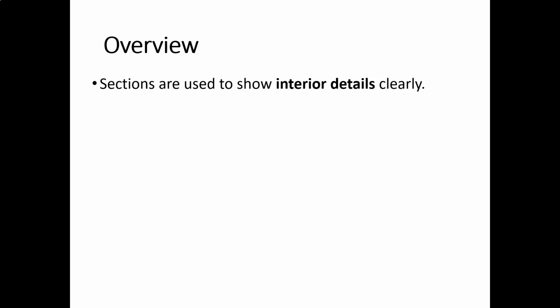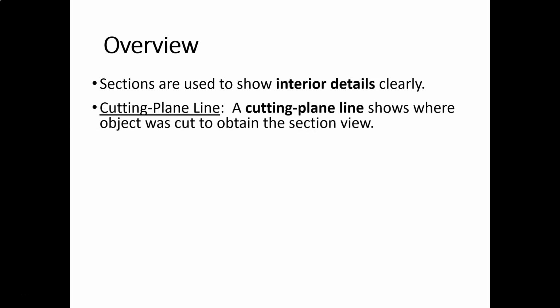Oftentimes in models, they don't even have to be complex shapes, but there are internal details, holes and cutouts and openings or spaces or any other geometry like that that we need to show clearly in an orthographic view for either a descriptive purpose or to dimension those details, and section views allow us to get into the object to show these interior details.